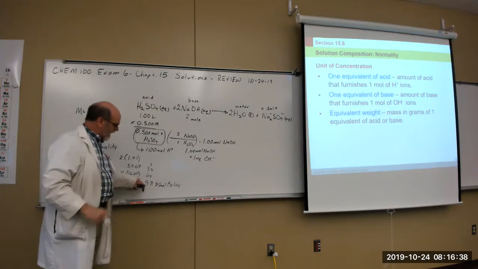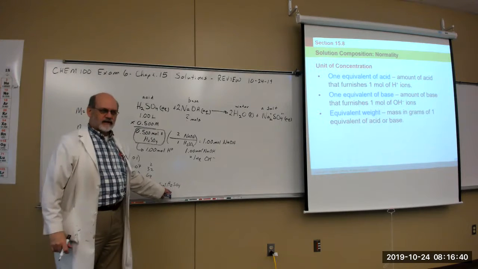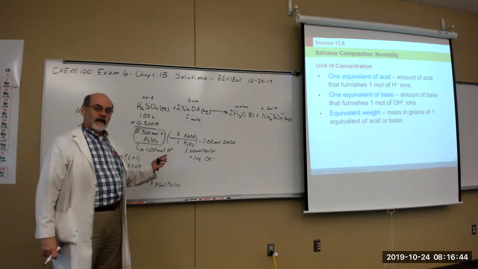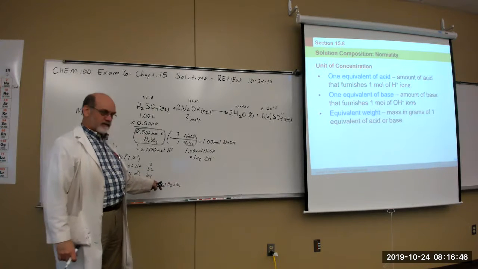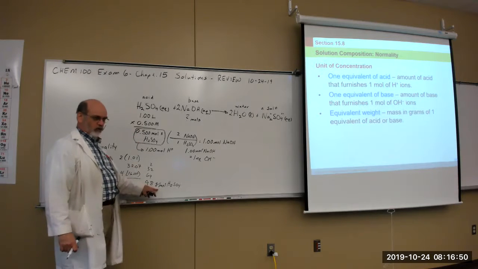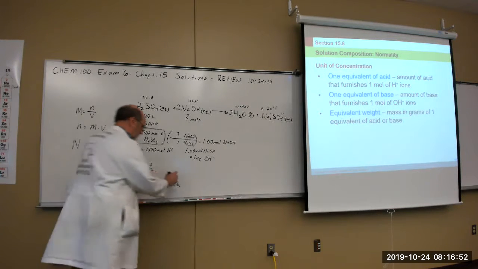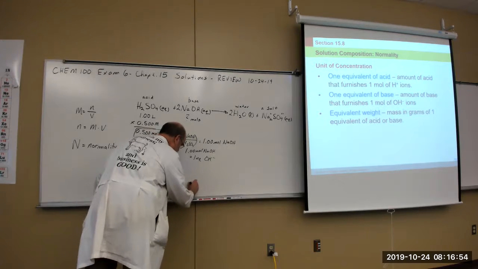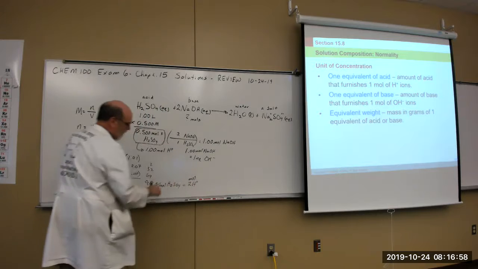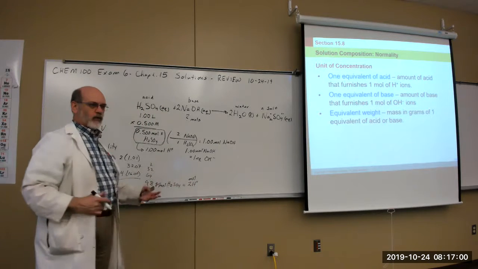So if you have 98 grams of sulfuric acid, you've got 1 mole of sulfuric acid. But how many moles of hydrogen ions do you have? 2. So this weight supplies 2 moles, and that yields 2 moles of hydrogen ions. So what would the equivalent weight be?